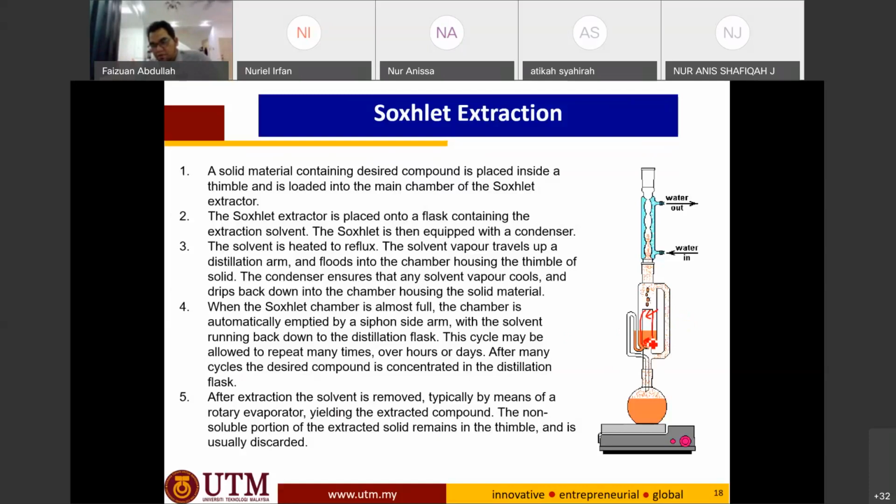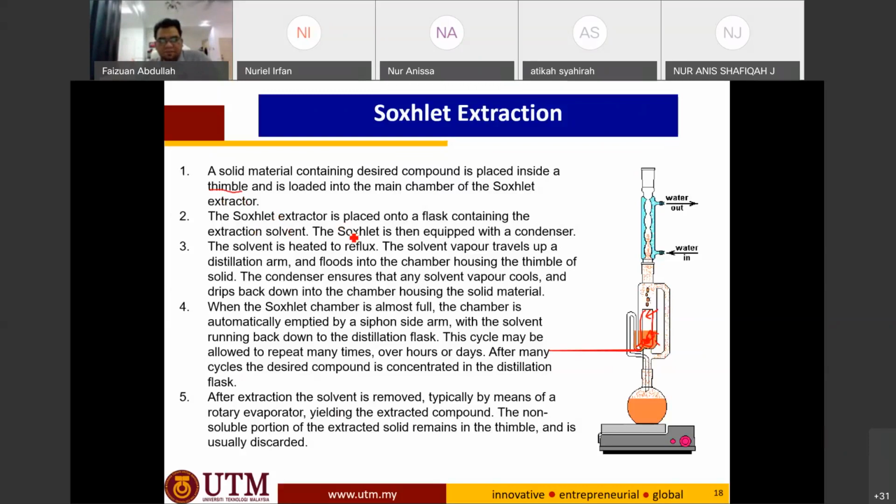It only allows the analytes to be extracted out into the solvent, right? So the solid sample with the impurities or matrix that we don't want will remain in the thimble. We call it a thimble.